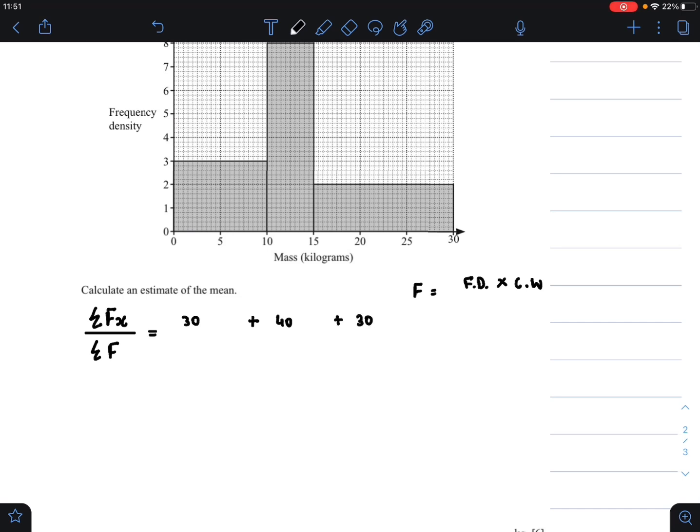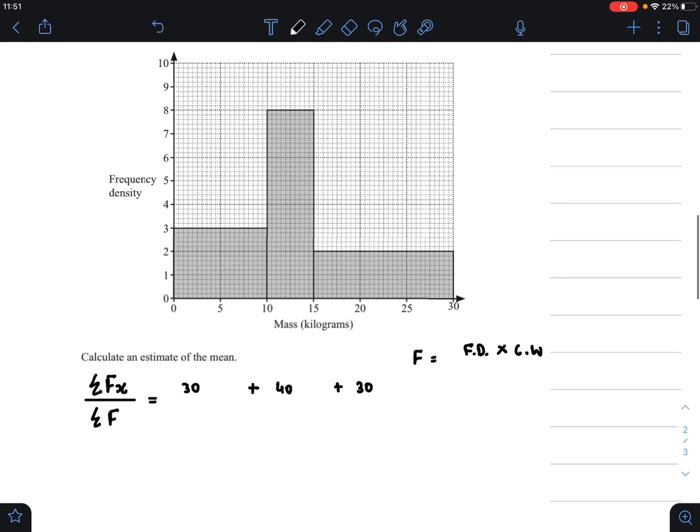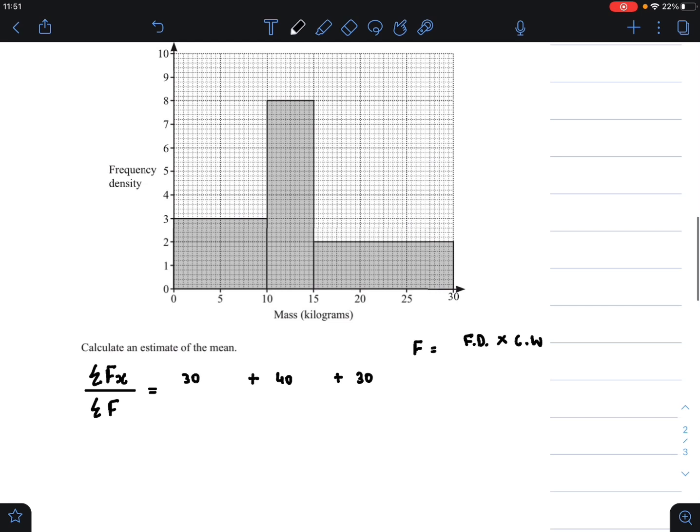Now this is only the frequency that you have found. You need to find the x values as well, because you need to multiply it with the frequency. So the x value would be the midpoint of the class interval, because whenever we find the x, we have to use one value. We can't use a range of values.